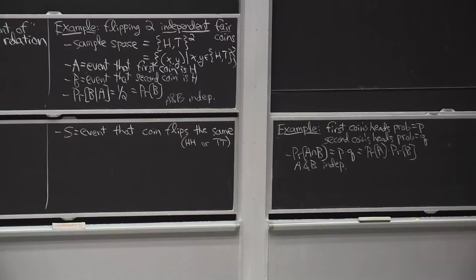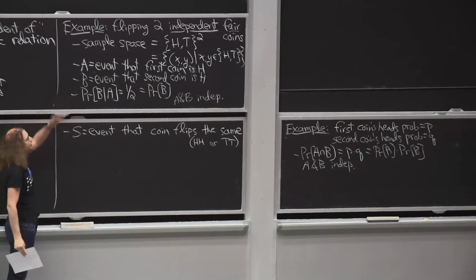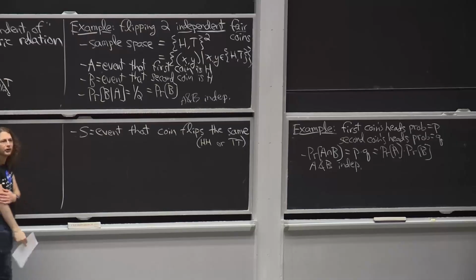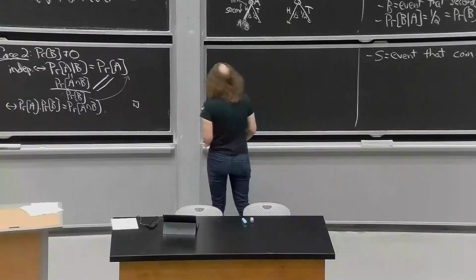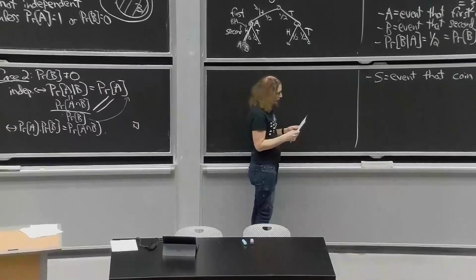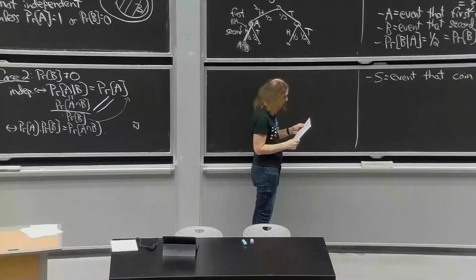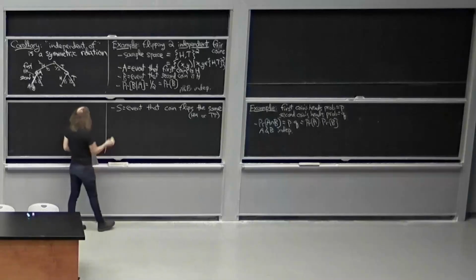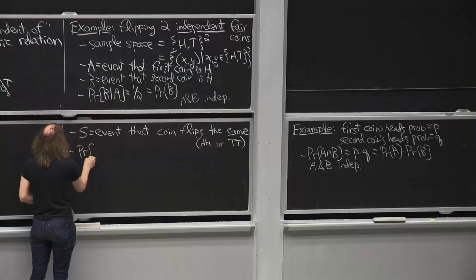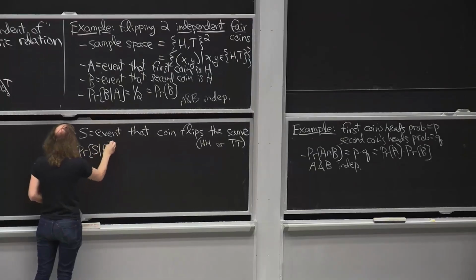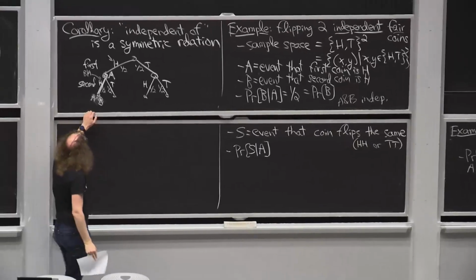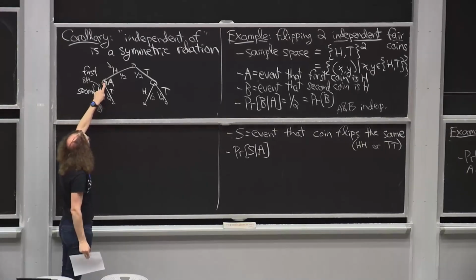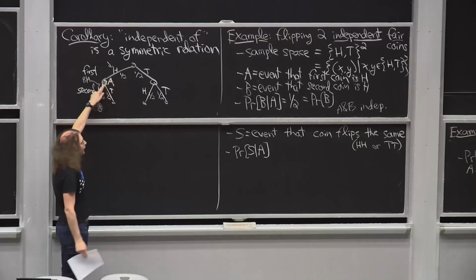So you might think that S and A, say, are dependent on each other. Intuitively, they are. But according to this definition, they are independent. That's the claim. So let's compute it. I claim the easy one is to compute the probability of S given A. So in this diagram, A is that we're here, that we flipped a head so far.